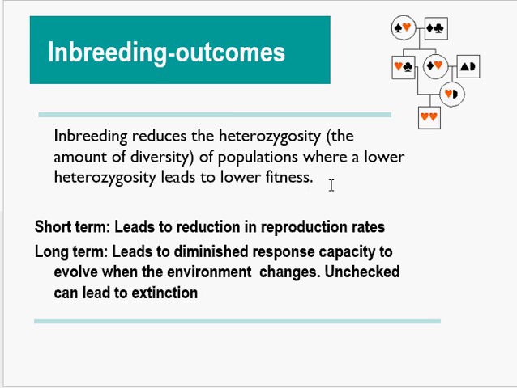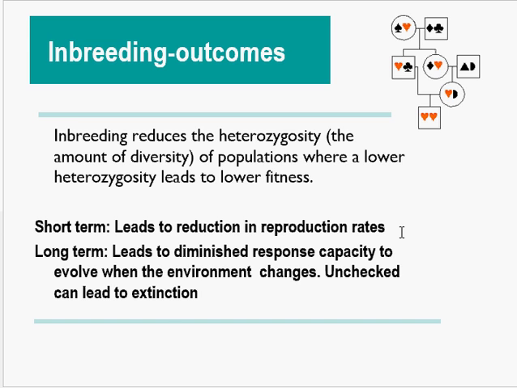So when you get both of them, they both express the same protein, and that protein may not be as efficient, may not be as good as the dominant allele, which doesn't produce the bad protein. And this will lead to reduction in reproduction rates, at least in the short term. So as we saw with the cheetahs, you get problems with sperm, problems with conception, and kittens and offspring are aborted and so on.